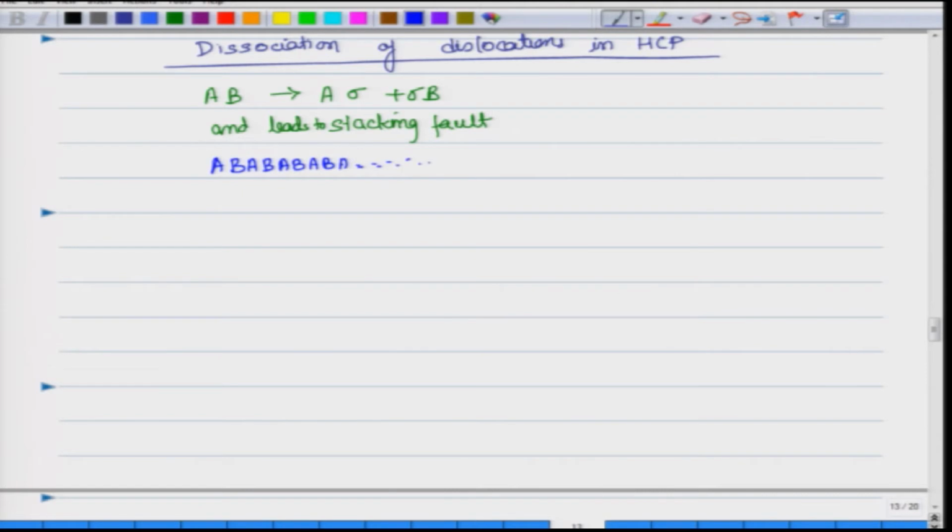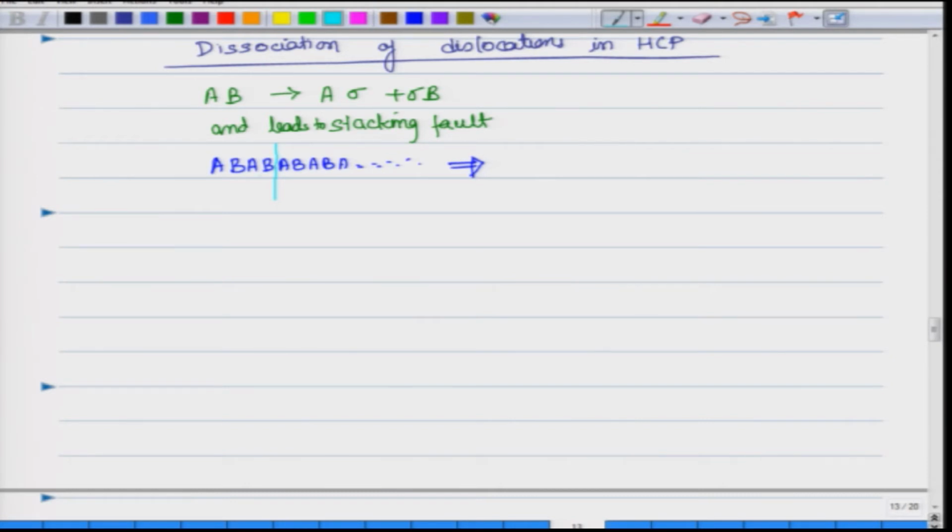So, this will keep on going, but if you end up with any particular plane where you have this dissociation. So, in this particular case, let me say that you have a dislocation somewhere over here, or the dislocation glides on this plane.